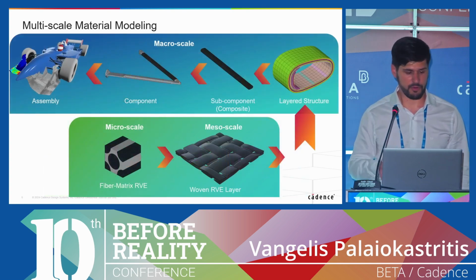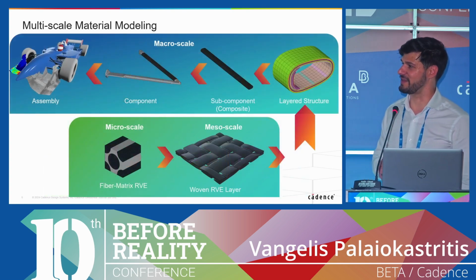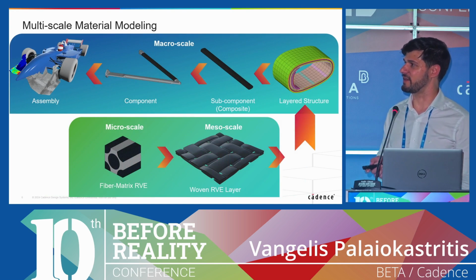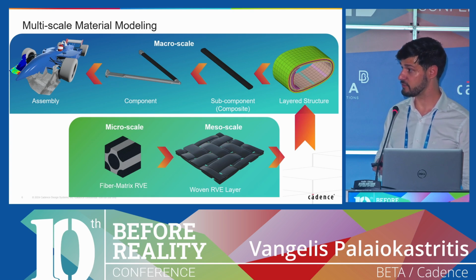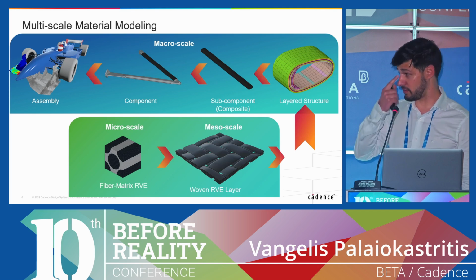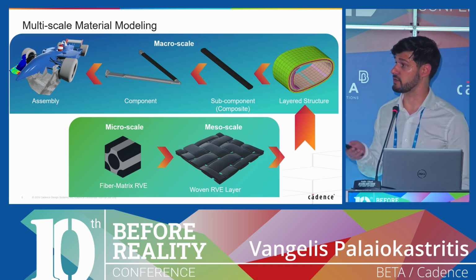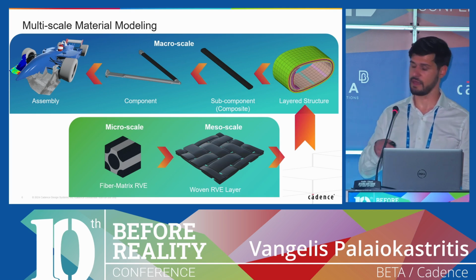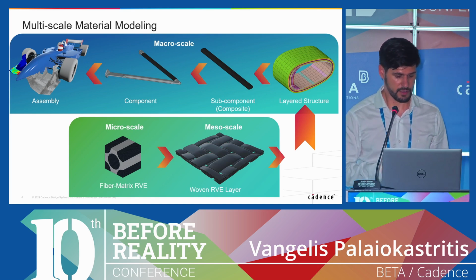And a more, let's say, traditional structural application where we have composite components and we can investigate the interactions, go to the layered structure, and then move on to subcomponent level and the whole assembly.